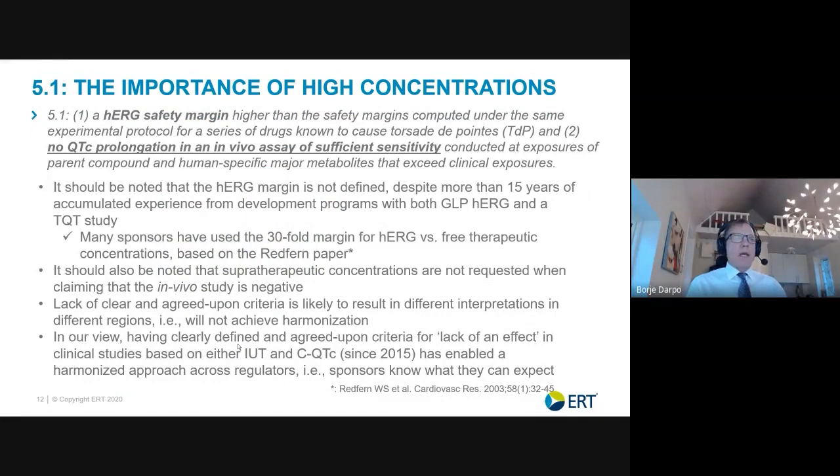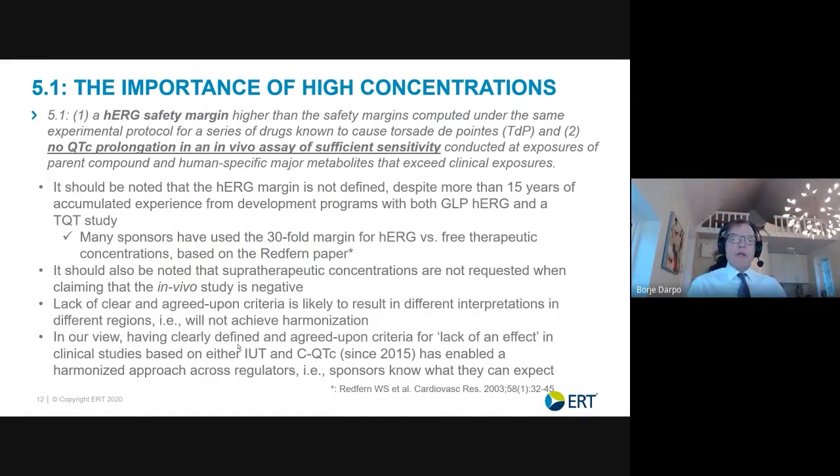elaborate on this. It should also be noted, in my view, that to claim that an in vivo study is negative, you do not need to have supratherapeutic concentrations, so not concentrations higher than clinically relevant concentrations. I believe that lack of clear and agreed upon criteria is likely to result in different interpretations across regions.